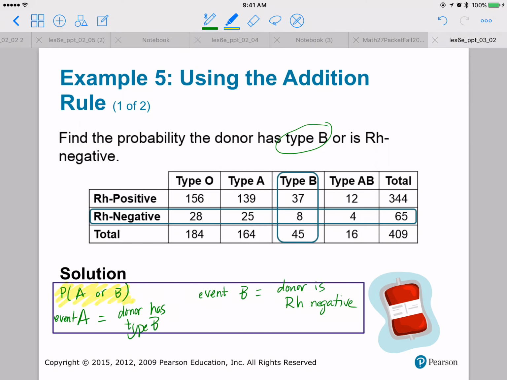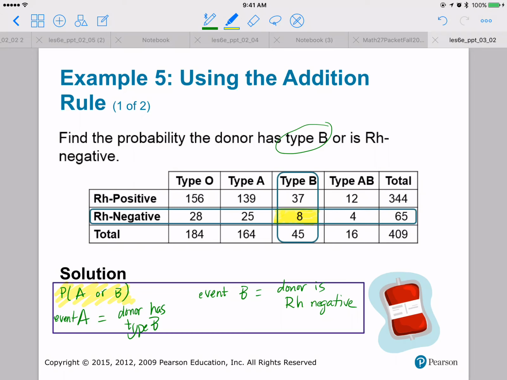With the addition rule, the first thing we need to consider is if our events are mutually exclusive. Looking here, it is possible for someone to have type B and be Rh negative. So, since the two events do overlap, we conclude that the events are not mutually exclusive.